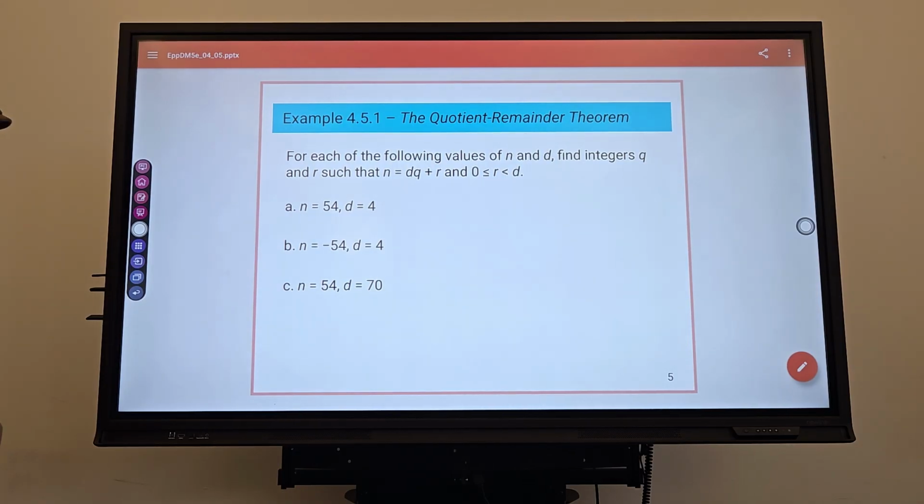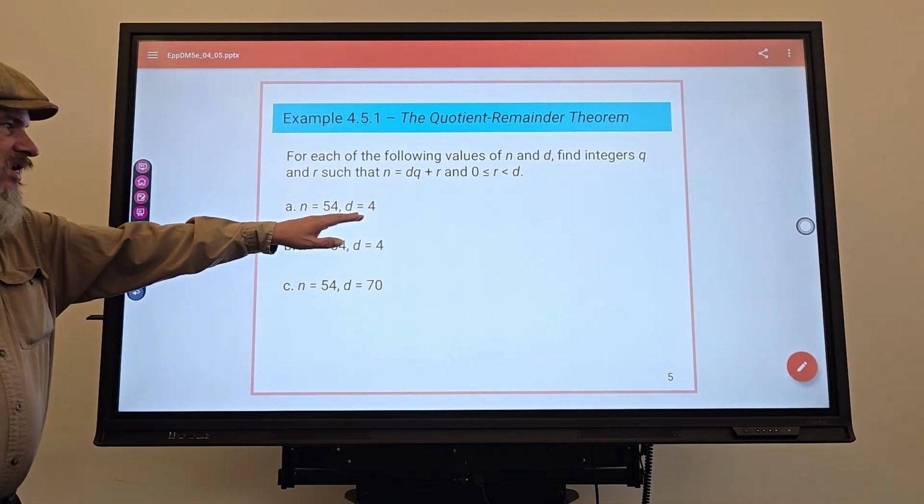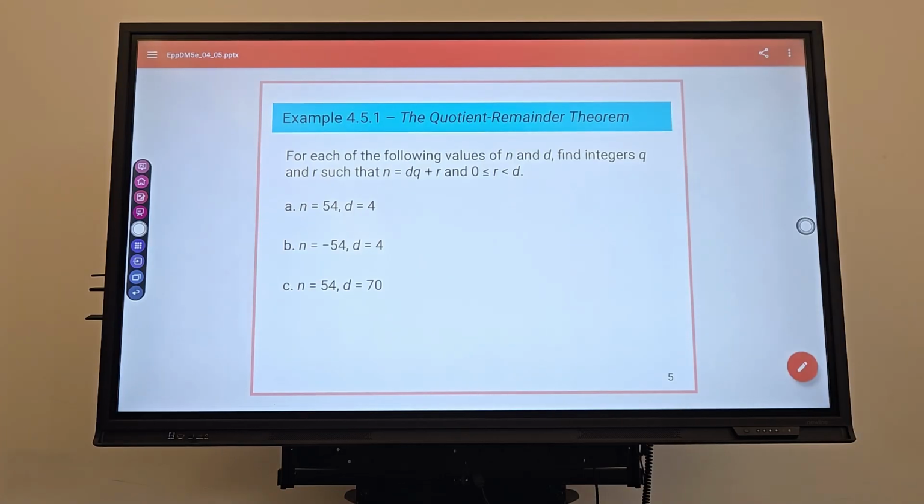Let's see here. q equals 13, r equals 2. Sound about right?